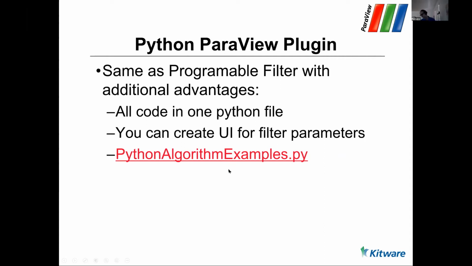So instead of embedding these filters into your ParaView processing pipeline, the only way to save those programmable filters is to save them in a state file. So that's not ideal. The editor is not that nice. So an alternative way is to use these Python algorithms. So these are entire Python files.